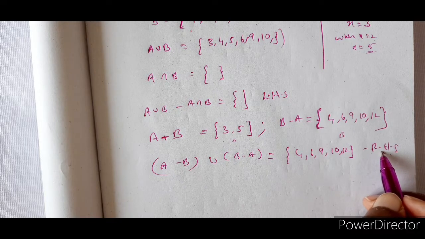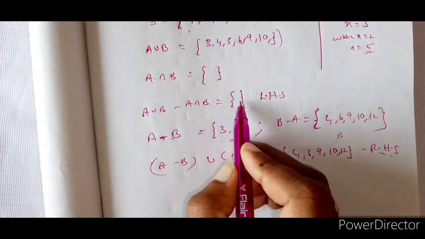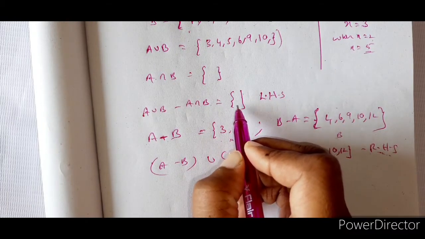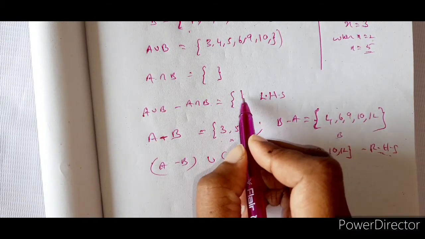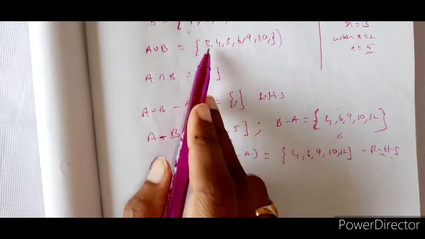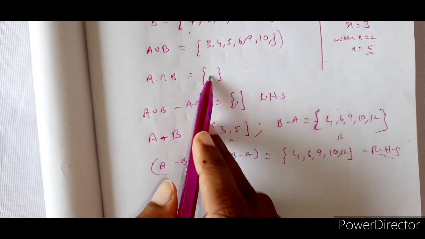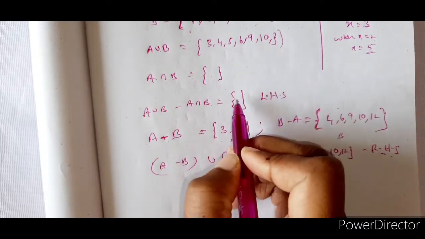Okay, A union B minus A intersection B. I'll write it here because this is A union B minus A intersection B. That means nothing is there which is common, so you are subtracting nothing from here. That means the whole union will come.